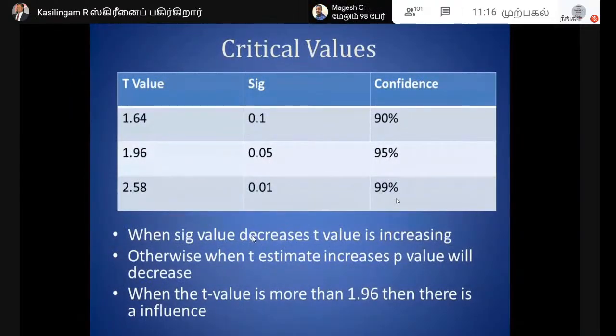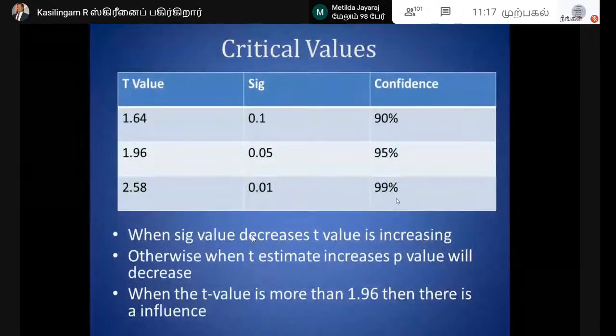Complementary to the significant level is the confidence level. When the error is 10%, confidence is 90%. When the error is 5%, confidence is 95%. When the error is 1%, confidence is 99%, complementary.